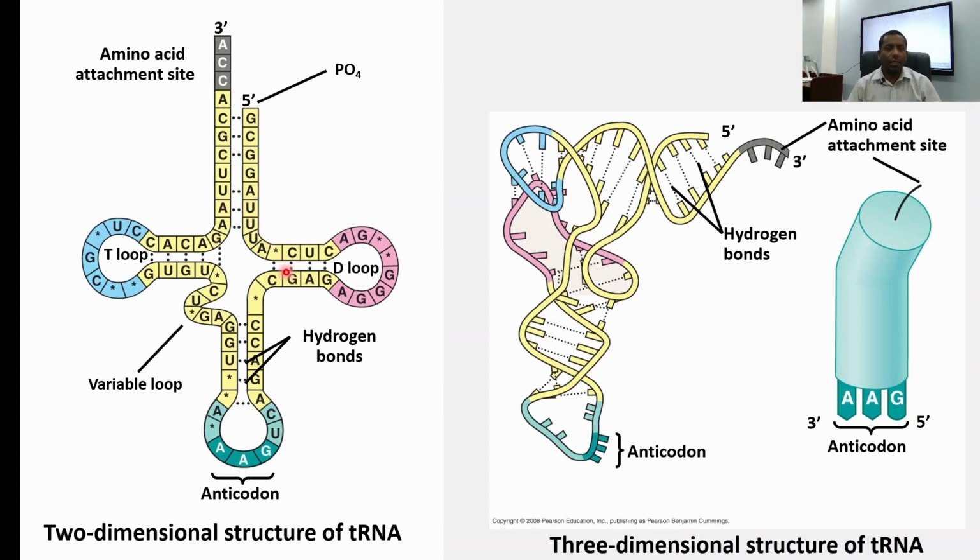And in a tRNA molecule, at the 3' end we have the amino acid attachment site, and at the 5' end we have a phosphate group, and there are 3 loops. First one over here is called the D loop. On the other side we have a T loop, and we have another loop where it carries the anticodon.